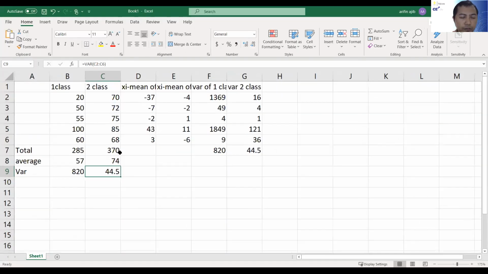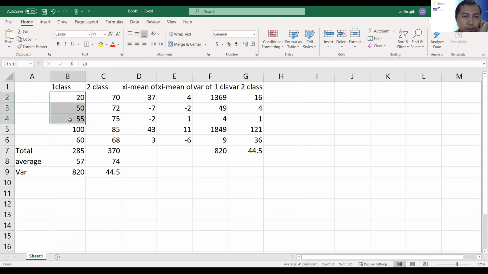Please take a look at this data. The first class is like this. For a quick view, what is the difference between the data from the first class and the second class?